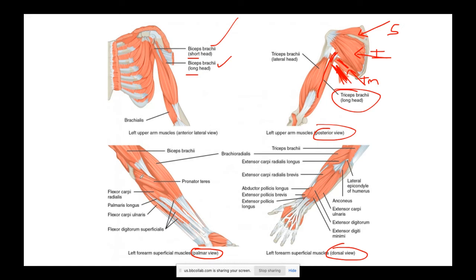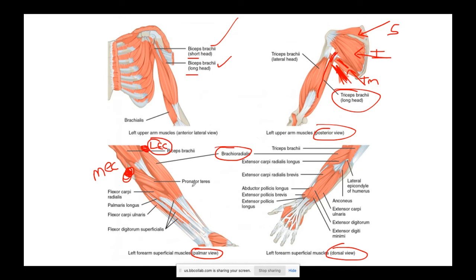Okay. There is this part of the bone right here called the medial epicondyle. I'm just going to abbreviate it MEC, medial epicondyle. And on the lateral part of the humerus is the lateral epicondyle. So the brachioradialis originates on that lateral epicondyle, which is on the lateral side of the humerus.